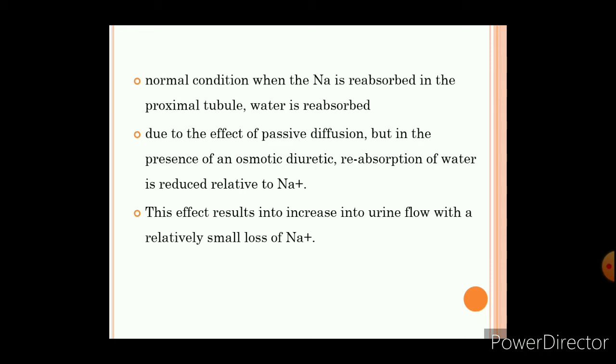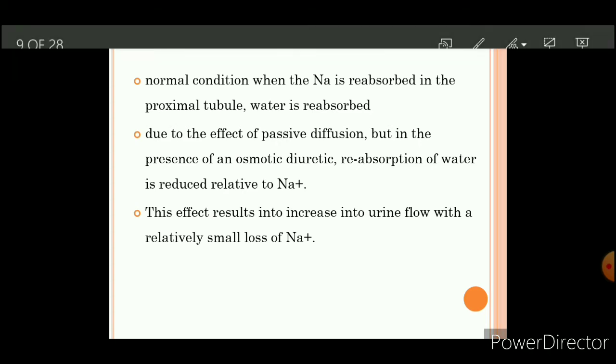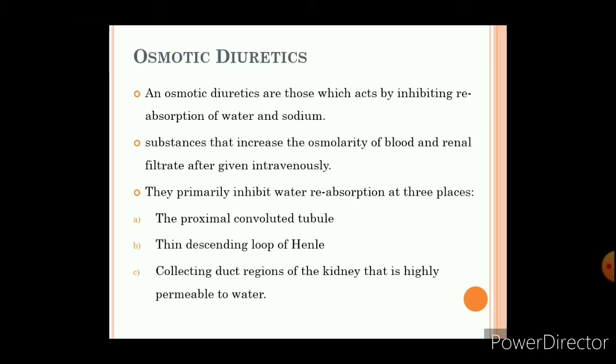This effect results in increased urine flow with a relatively small loss of sodium. So these are your osmotic diuretics. Osmotic diuretics are those that act by inhibiting the reabsorption of water and sodium.